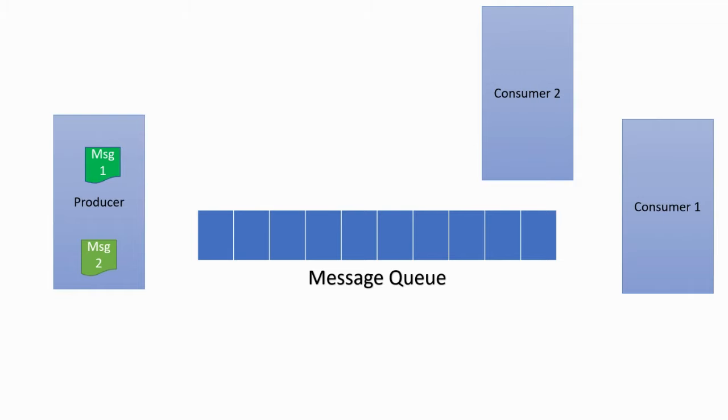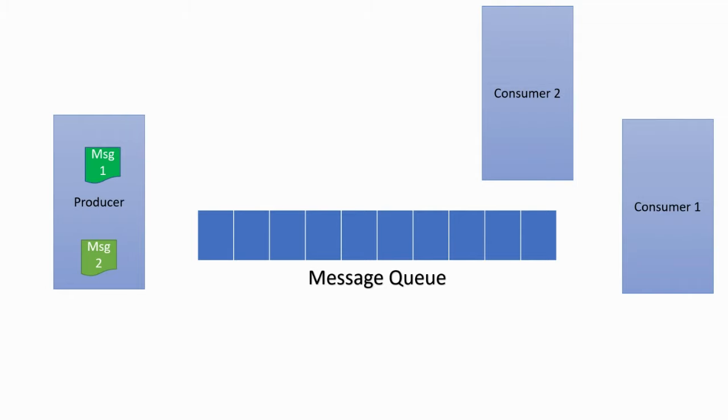And coming to a simple animation of how this message queue works, the left hand side is a producer which produces different messages. In this case, MSG1 and MSG2 are two different messages produced by a producer, and there are two consumers continuously polling the message queue for any new messages.